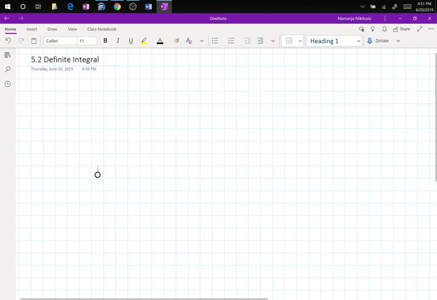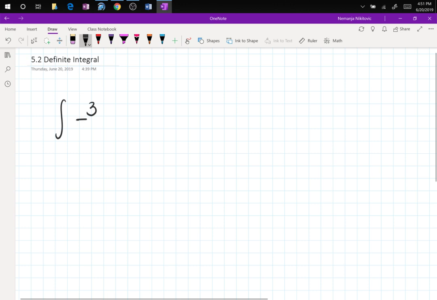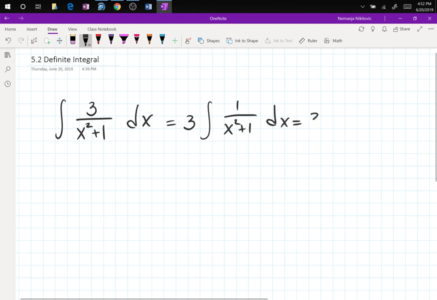So an example would be, let's say you have the integral of 3 over x squared plus 1 dx. Well, you kick your constant 3 outside, and then you have the integral of 1 over x squared plus 1 dx, and this is what? Very good.